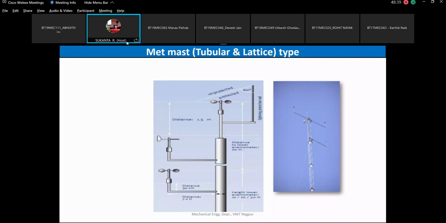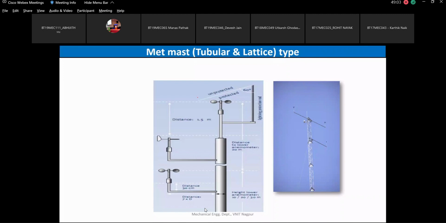So it's a time-taking procedure for the setup of a wind farm. But if you plan for individual wind turbines, it may be small wind turbines, then you can do it easily in a short duration of time.